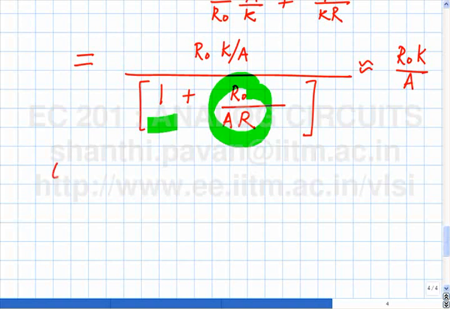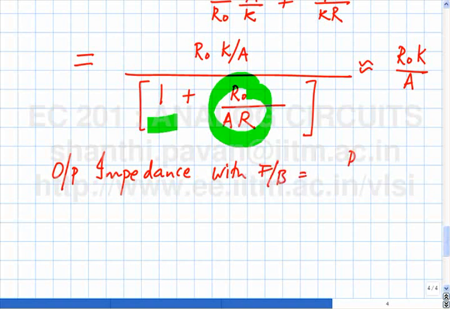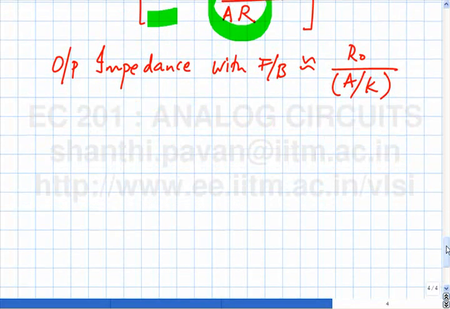So the output impedance with feedback is R naught divided by A by K, approximately, because we have neglected one here and one there and so on. And what is R naught?